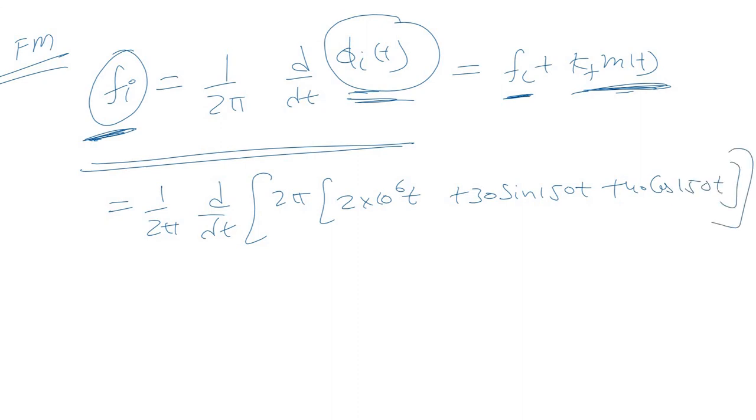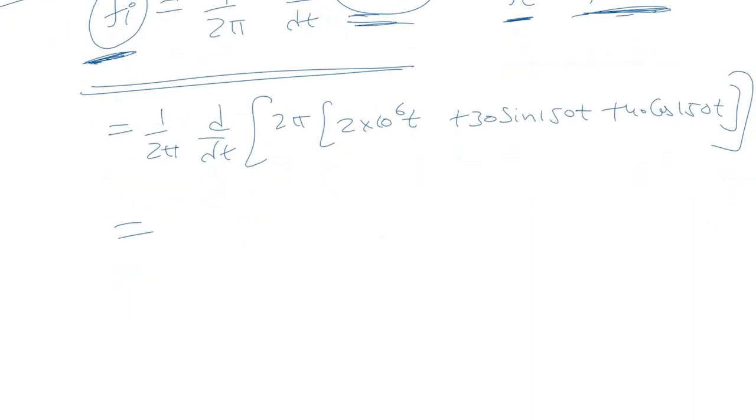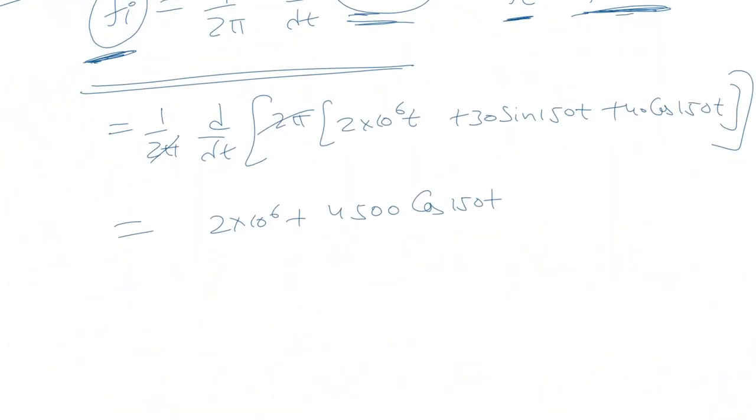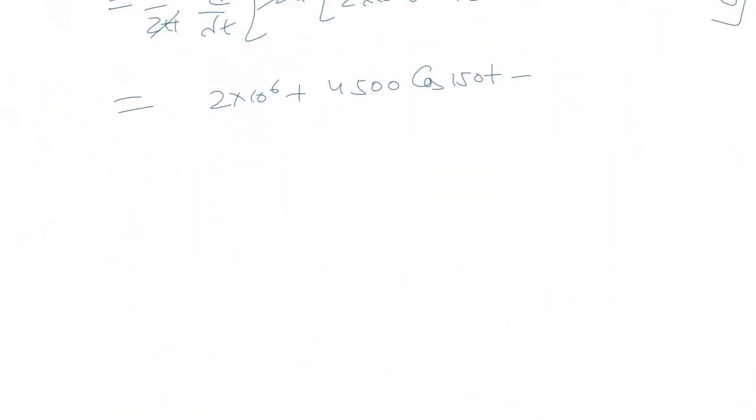Simplify this derivative, 2 pi gets cancelled out, and we are left with 2 into 10 to the power 6 plus 4500 cos 150t minus 6000 sin 150t.